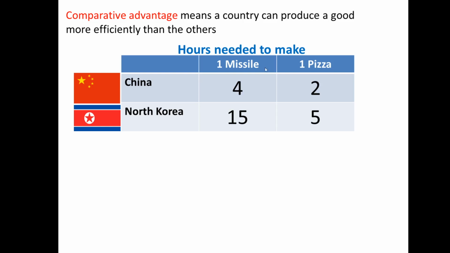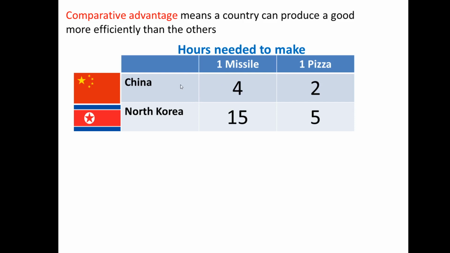Let's assume they only have 2 goods that they produce, to make the example simpler: missile and pizza. Let's make it simple.